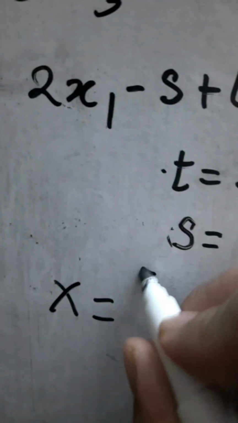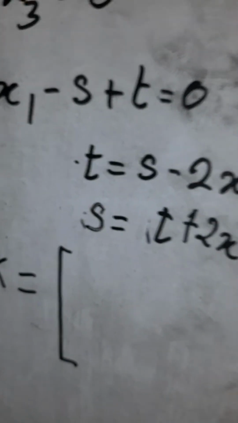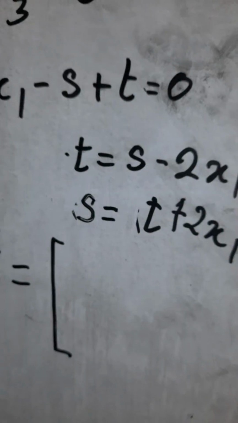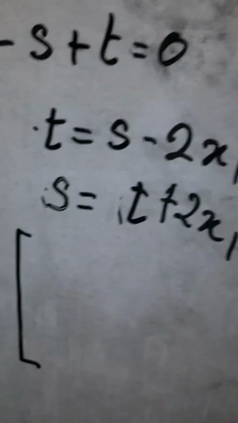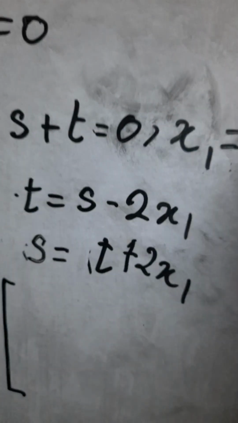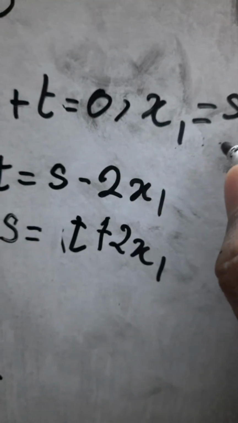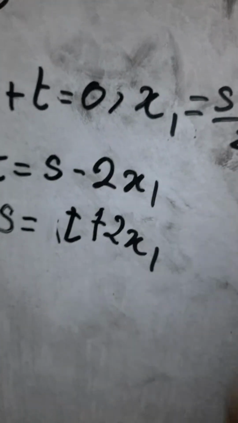So x equal to, you take this should be 2x1. X1 will be, wait a second. X1 will be s minus t by 2.